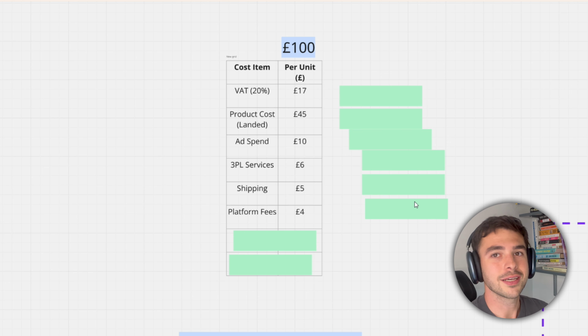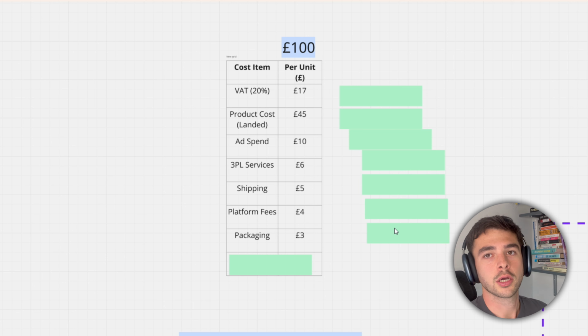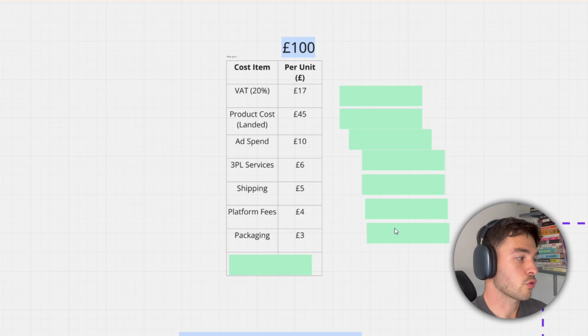It's not free to list your products on websites, maybe eBay, but generally speaking, Shopify, you're going to have platform fees. There's going to be Stripe fees potentially associated with that, or PayPal. If you're selling on Amazon, it's going to be a lot higher, 20% of the price of what you're selling, but in this case, £4. And then lastly, we've got packaging, £3. You're selling a premium product, you want to send it in a nice bit of packaging, branded, whatever it may be, and that's going to cost you £3 per unit.